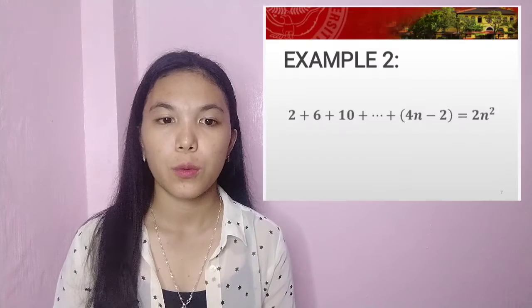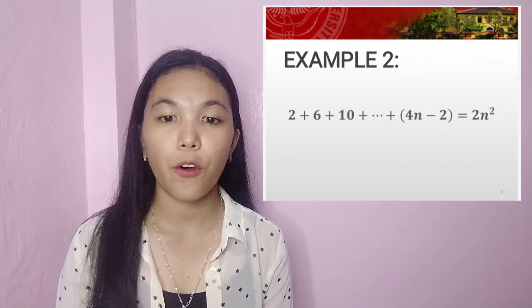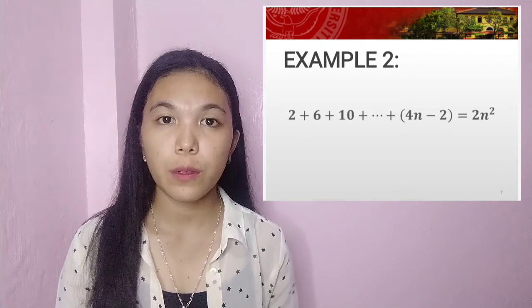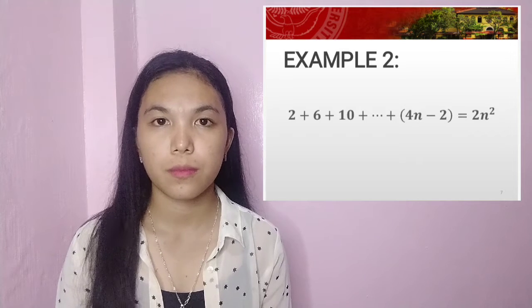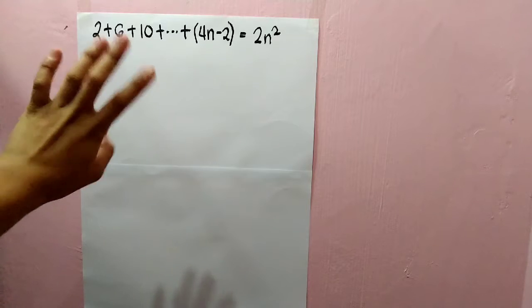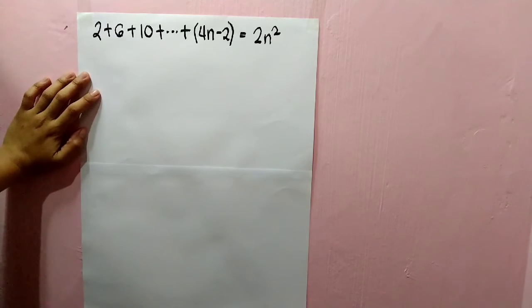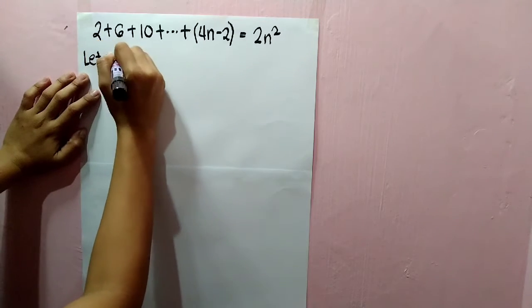Okay, so let's have another example. 2 plus 6 plus 10 plus all the way to 4n minus 2 is equal to 2n squared. So, we will prove that it is true for all natural numbers using mathematical induction. So, as usual, the first step is to let n equal 1.